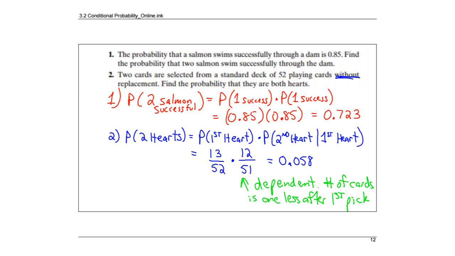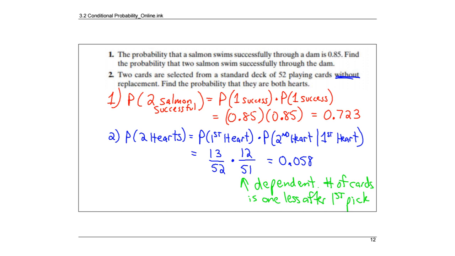Okay, so the probability that a salmon swims successfully through a dam is 0.85. Find the probability that 2 salmon swim successfully through the dam. So they haven't given us any other information to think that these are dependent upon each other, like one salmon gets in the other one's way or something. So I'm going to assume these are independent.